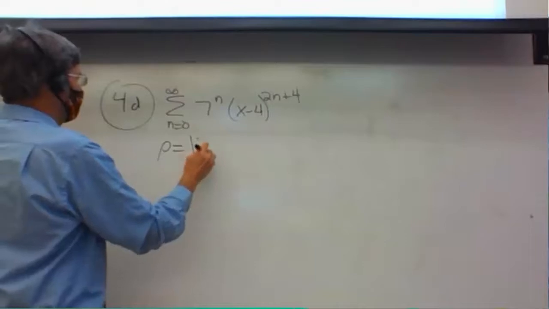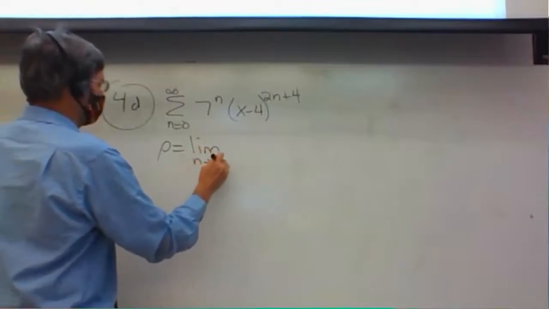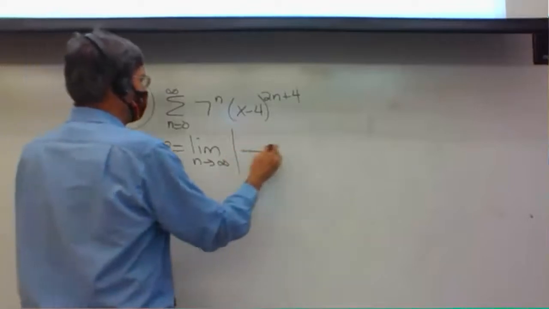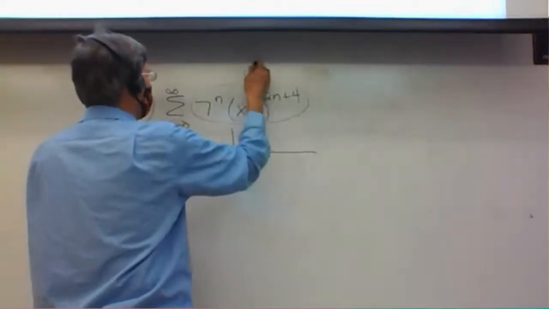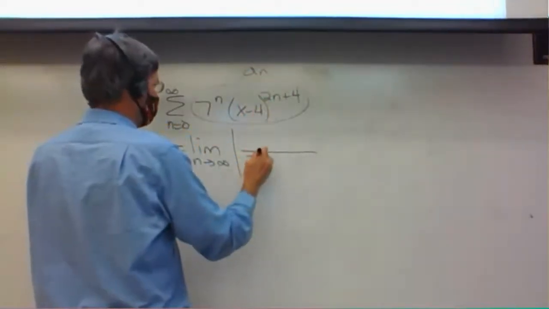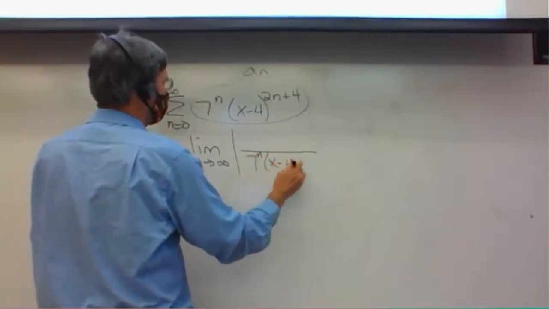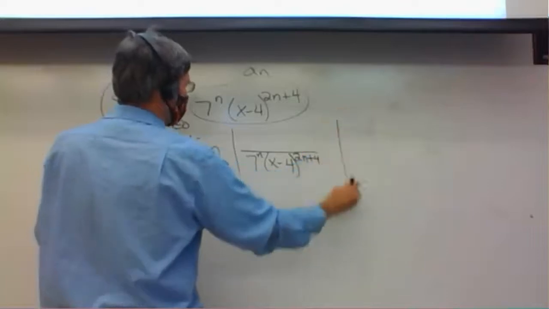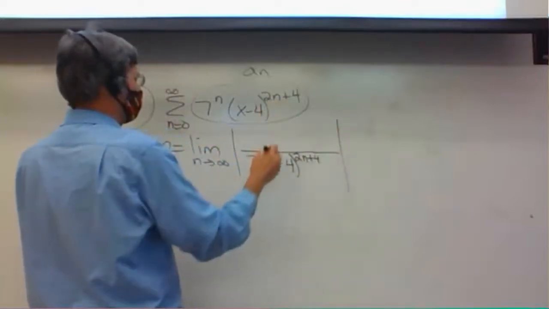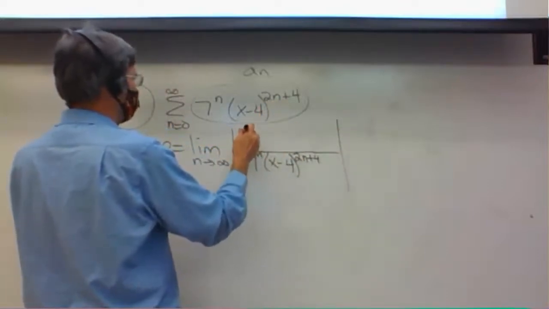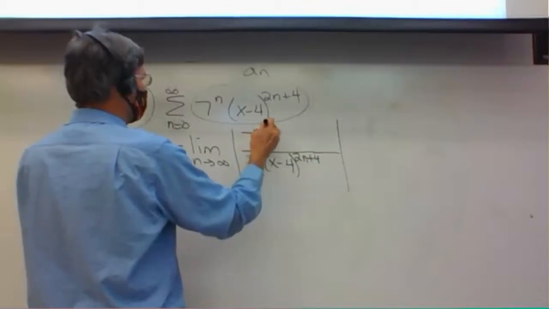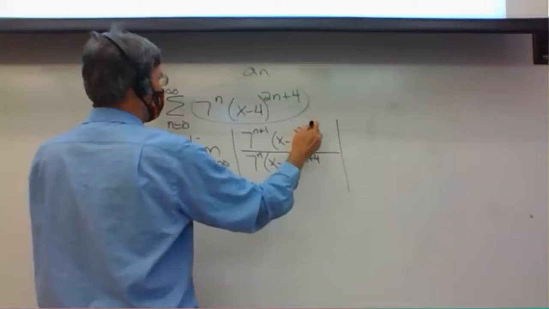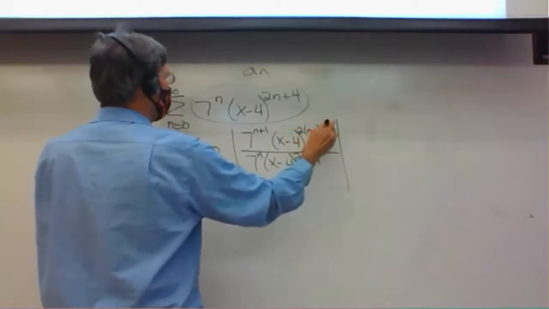I'll let rho be the limit of the ratio of successive terms. I'll do it a little faster since we just did one ratio test. I put the nth term, an, on the bottom, 7 to the n, x minus 4 to the 2n plus 4. And then on the top, I put the same thing with n replaced by n plus 1. So I'm going to put 7 to the n plus 1, x minus 4 to the twice n plus 1 plus 4.